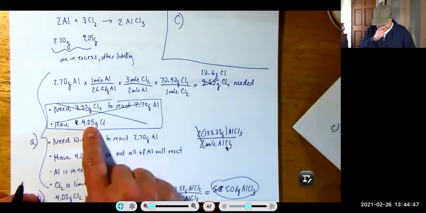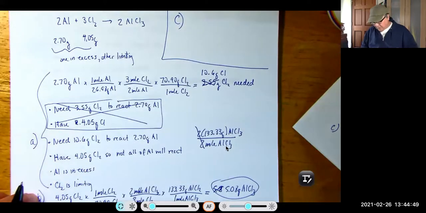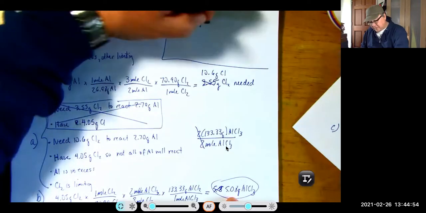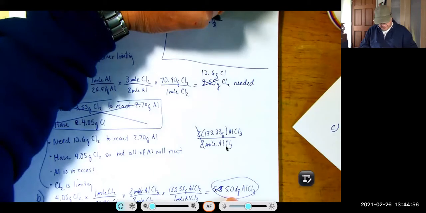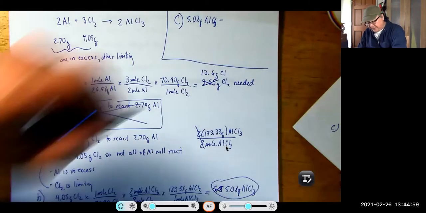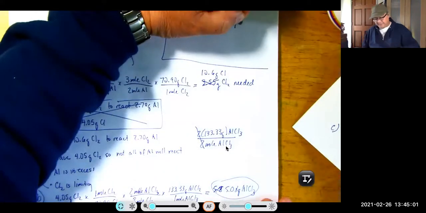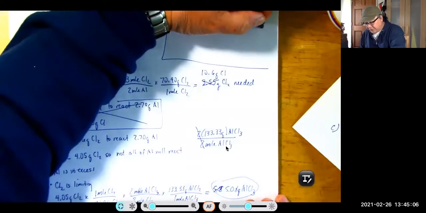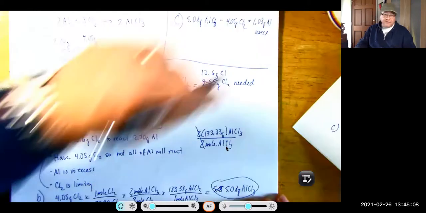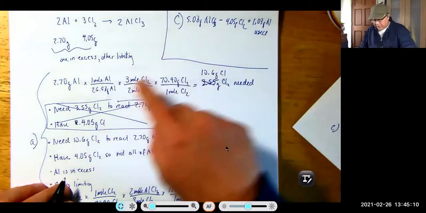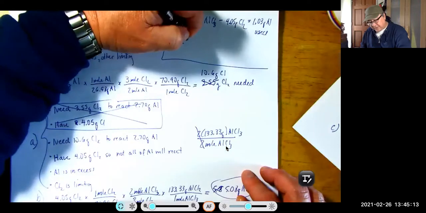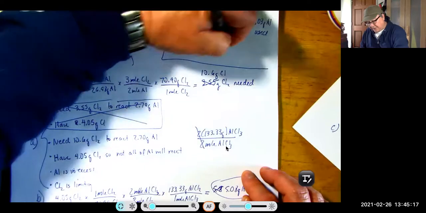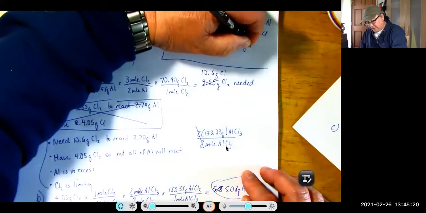We know that we're going to get 5.08 grams of product minus our 4.05 grams of chlorine, means that we have 1.03 grams of aluminum used. And so we can figure out how much aluminum is left over by saying 2.70 grams of aluminum minus 1.03 grams of aluminum equals 1.67 grams of aluminum left over.